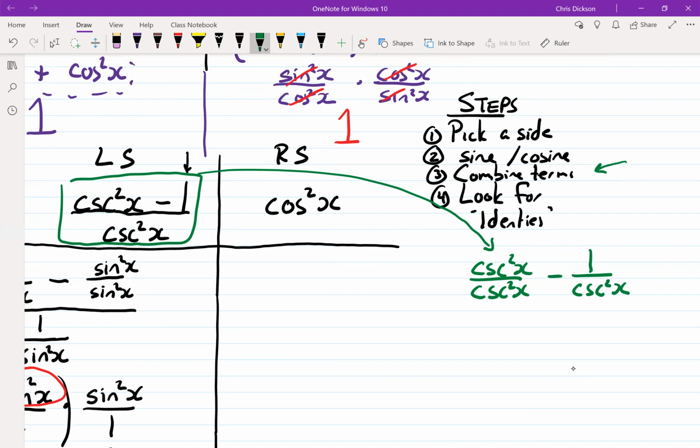So here I am actually making 2 different terms. But the reason that this is a bit nicer is that cosecant squared x over cosecant squared x is 1, and then 1 over cosecant squared x is sine squared x. So you have 1 minus sine squared x. And of course, that's still the Pythagorean identity, cos squared x.